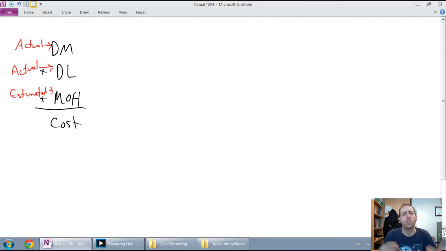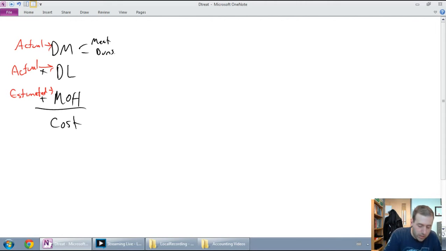Let's think about what material and labor are. I'm going to give an example of making a hamburger. The direct material that goes into a hamburger is stuff like the meat, the buns, maybe the condiments, the ketchup, the onions, the pickles, all that stuff. But meat and bun is basically the main direct material of a hamburger.